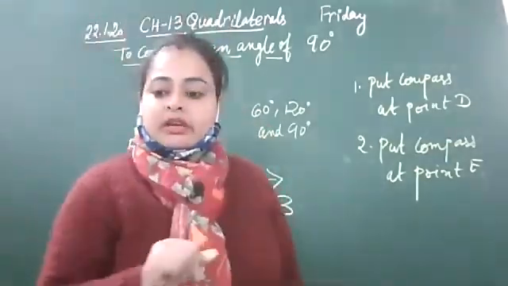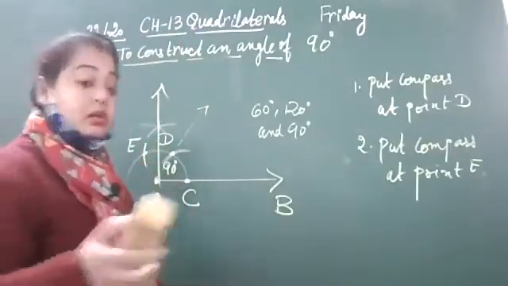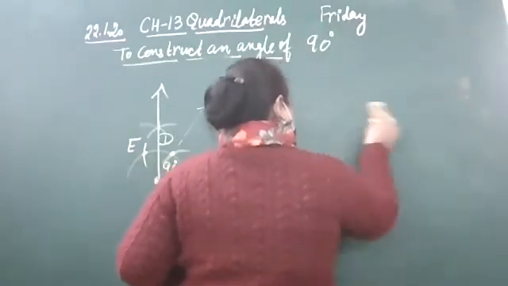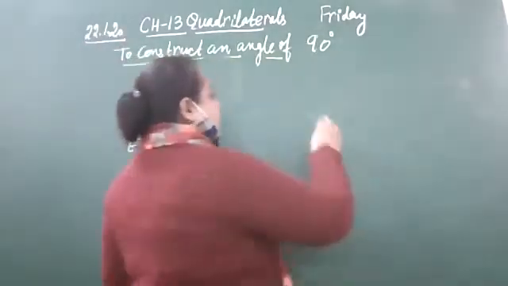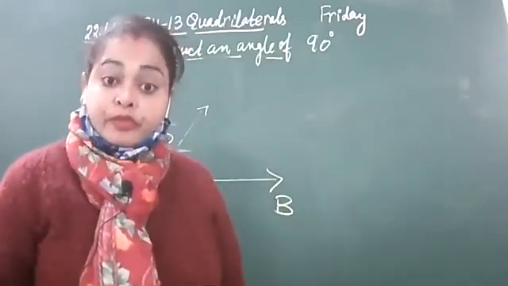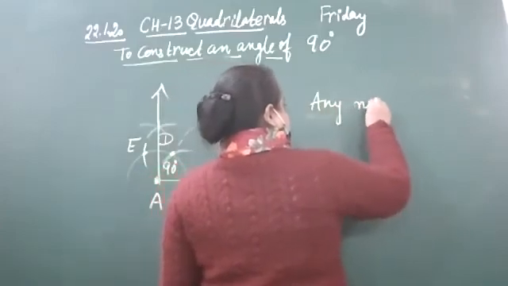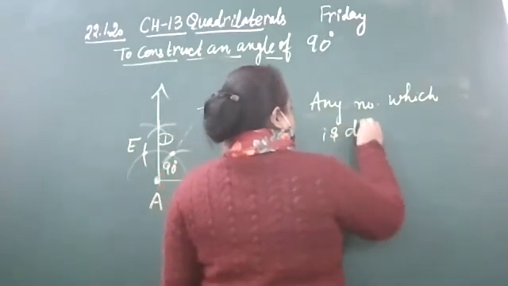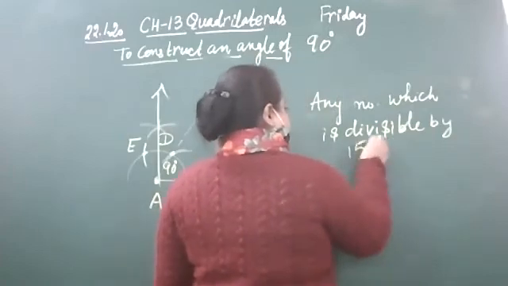And one more thing. Now I'm going to explain one more thing. Keep in your mind any number which is divisible by 15. Any number which is divisible by 15.